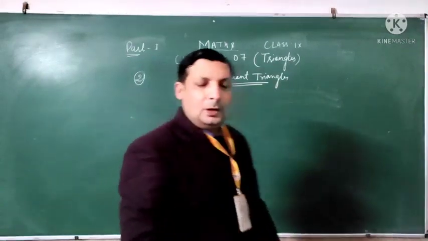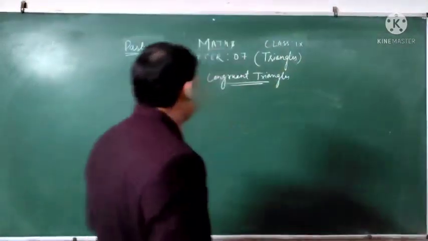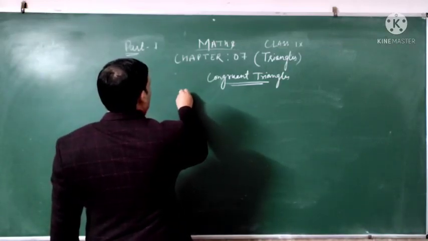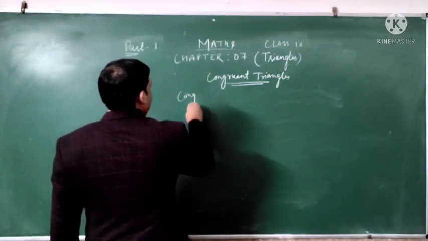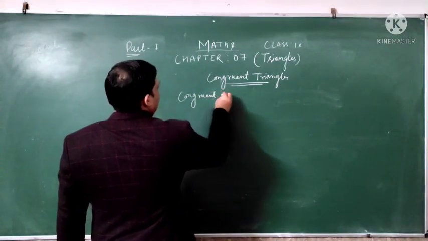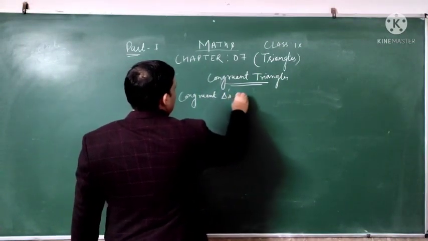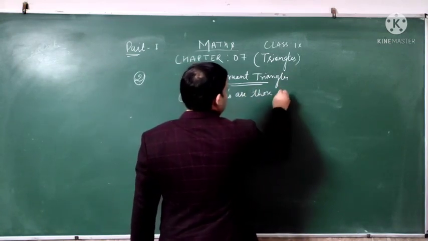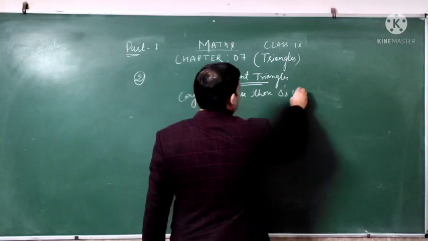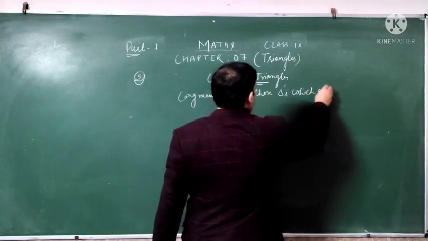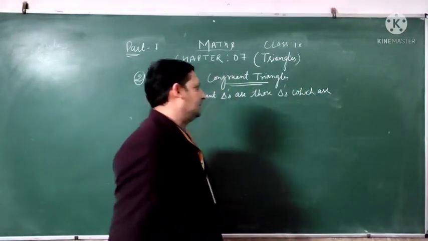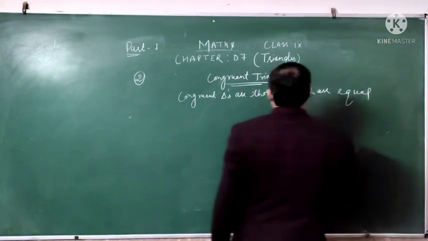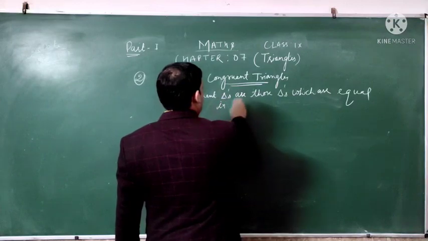Congruent triangles are those triangles which are equal in shape and size.